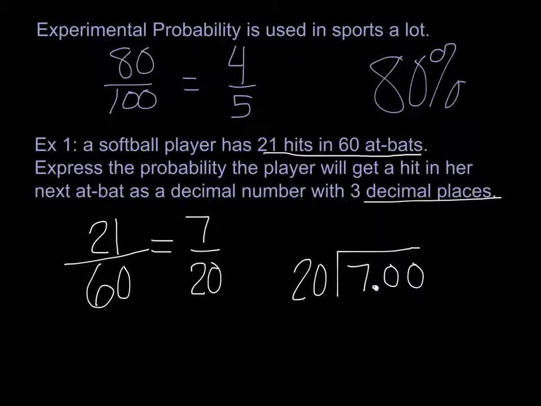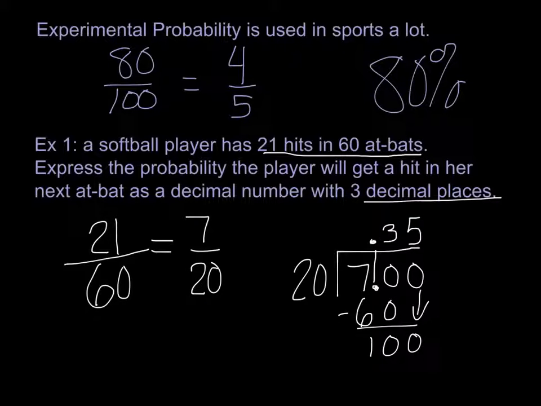Now, 20 goes into 70 3 times. 3 times 20 is 60. I subtract that off, I get 10 left over. I bring down my 0. 20 goes into 100 5 times. Bring my decimal point straight up, so I have 0.35, but they want 3 decimal places, so this lady's batting average is 0.350.